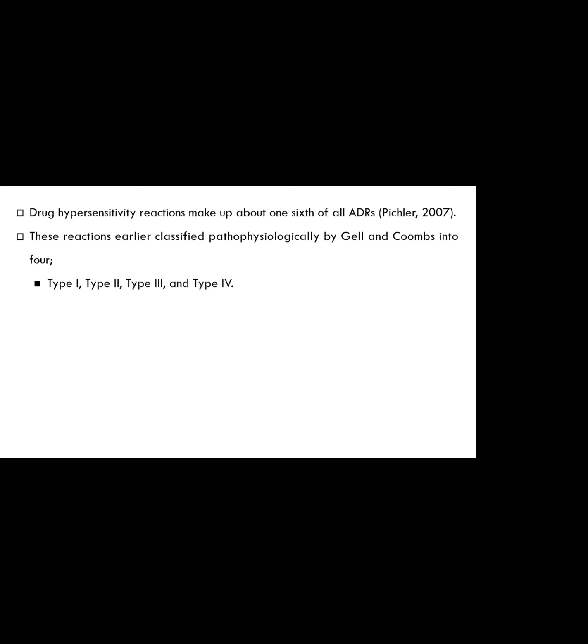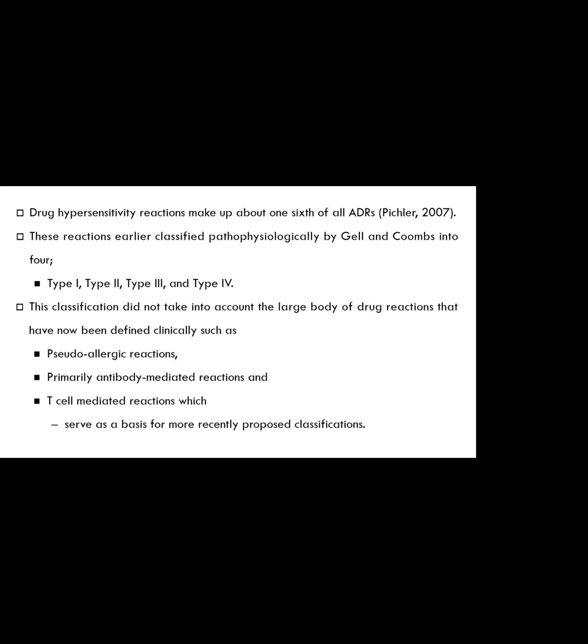These 4 types are classified based on the involvement of the different components of the immune system in the elicitation of the manifestations that we see from these drugs. Type 1 are the mildest, while type 4 are the most severe, which we tried to illustrate pictorially in the second slide, where we saw maculopapular erythema and Stevens-Johnson syndrome. Stevens-Johnson syndrome is an example of a type 4 drug hypersensitivity reaction.